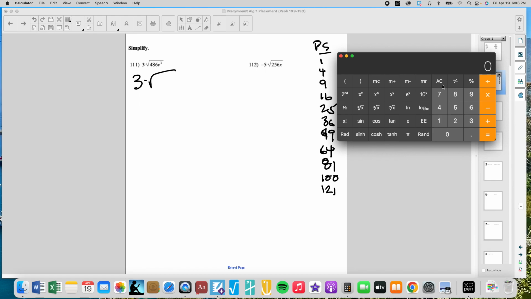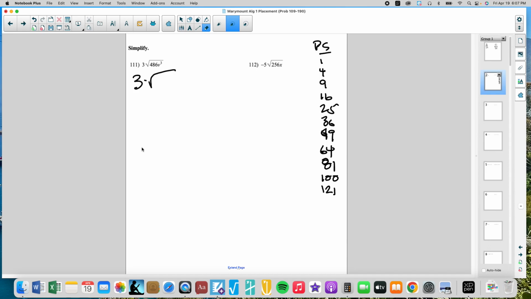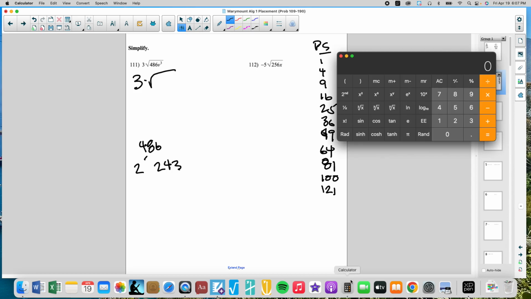All right. Well, this is good for you. This is how we could also do it. It's clicking. I don't know if I like this pen so much. 486, we can do prime factorization. So 2 goes into it, 243. 243 seems like a perfect square. Yeah, I bet you that is.